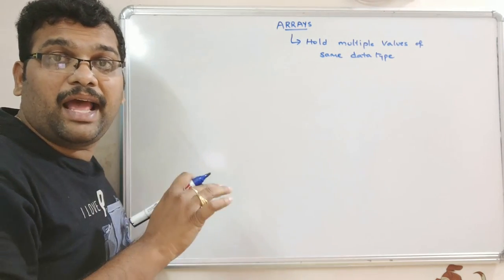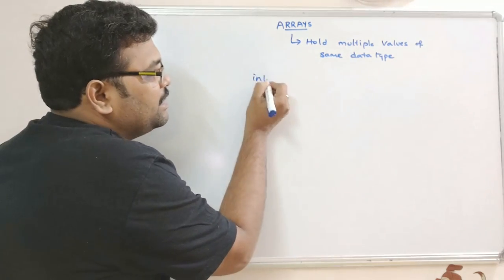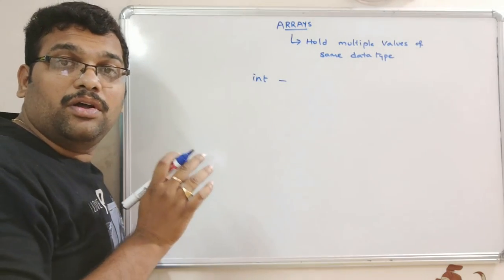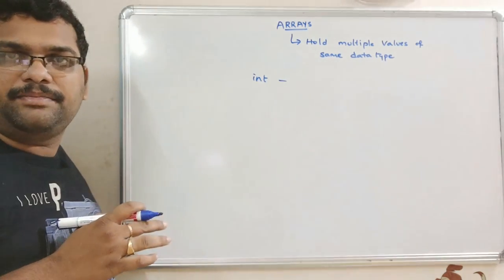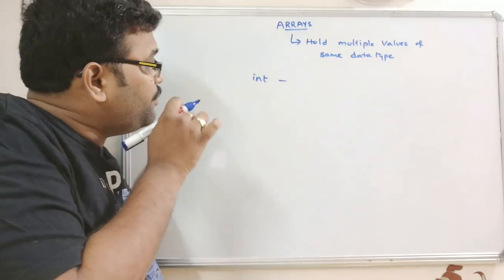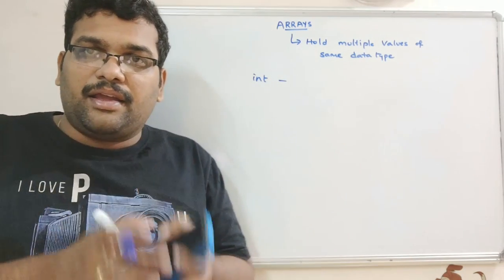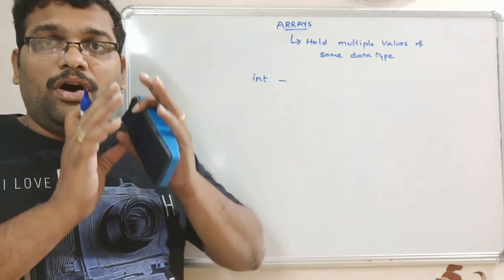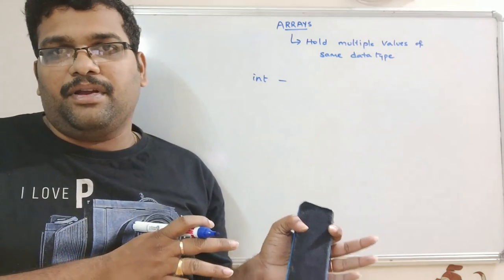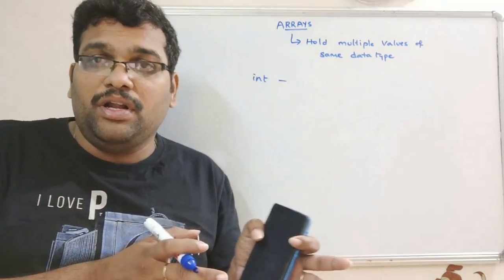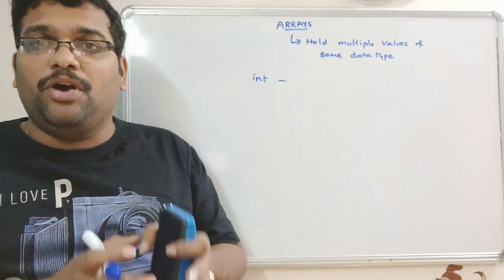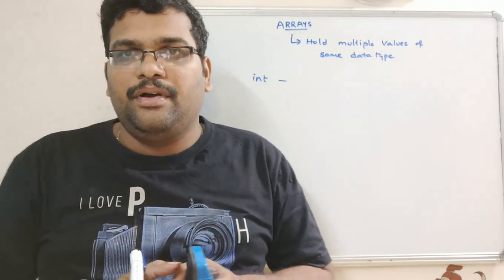So if you declare an array as integer, it can hold only integer data types. And if you declare an array with a character, all the elements should be of character data type. If you declare an array using float, all the elements should be of a float data type, right?